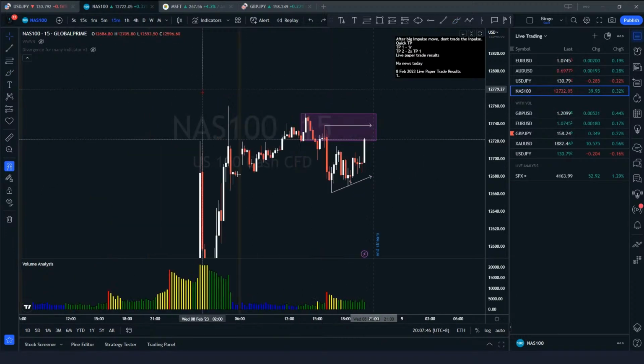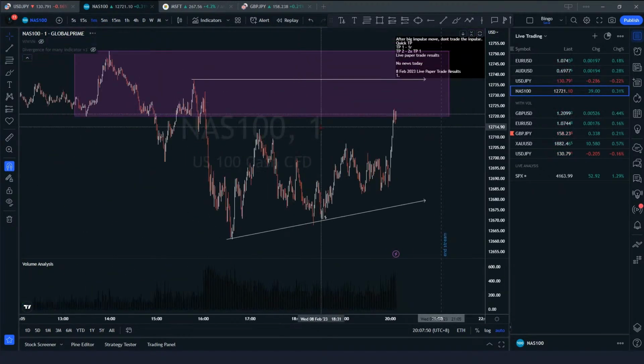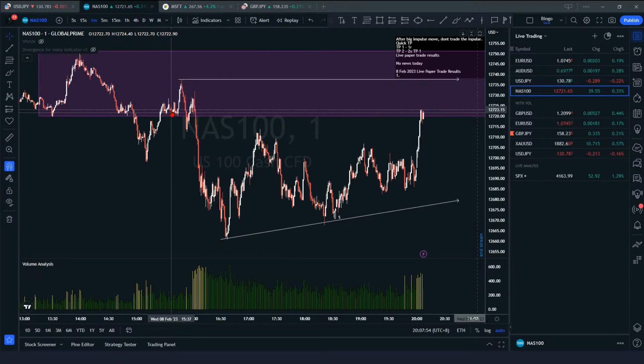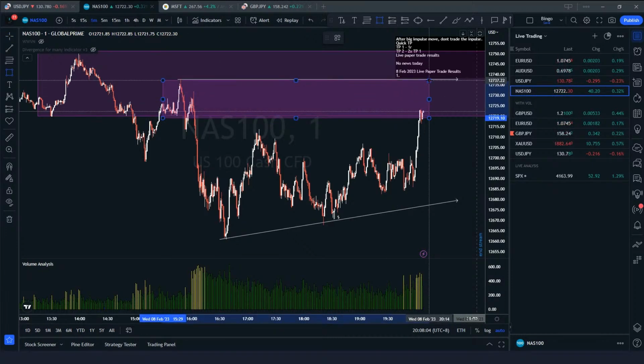All right, so that is all for the higher time frame. Coming into a lower time frame, you can see it's sort of distribution over here with an upthrust, break and a retest, and price pushed lower. So this is a tested distribution.